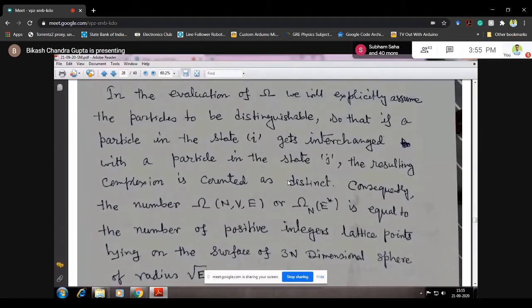But since you are trying to distinguish the particles, after exchanging the particles of different states you say that you have obtained a different microstate or different allowed state. So by exchanging the particles between different states, you count it as a distinct complexion, distinct possibility, distinct microstate.